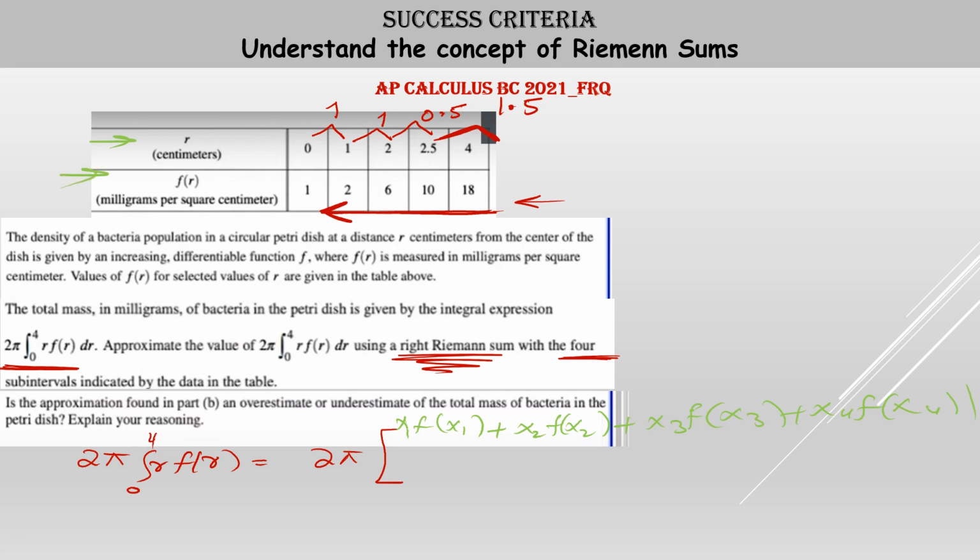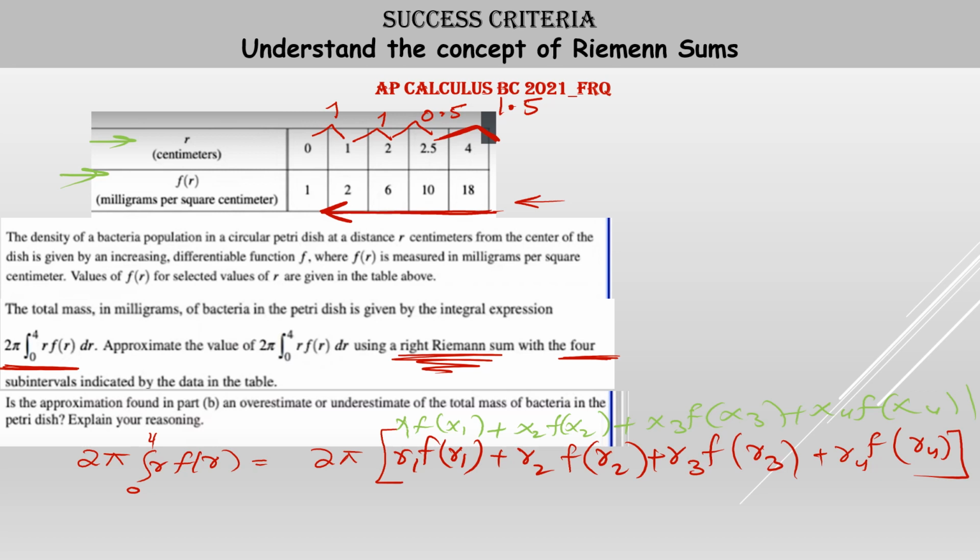So write here r1, r2, r3, r4, and then f of r1, f of r2, f of r3, and f of r4. 2 pi, don't forget to write. Now the r values are 1, 1, 0.5 and 1.5. These are the values you are taking from the r.